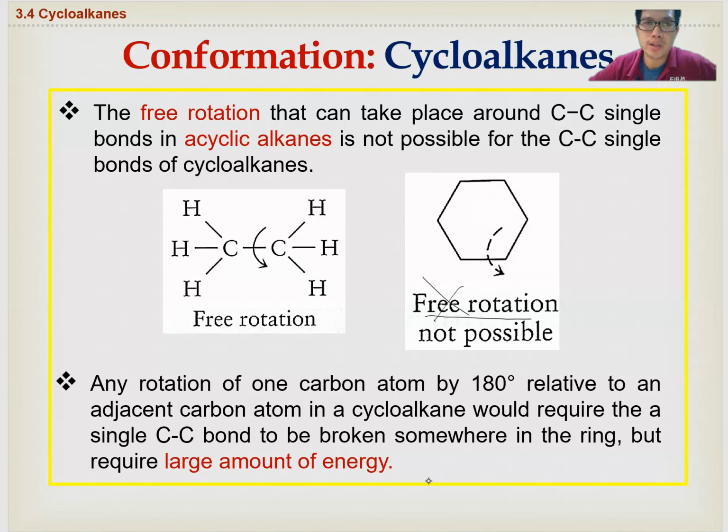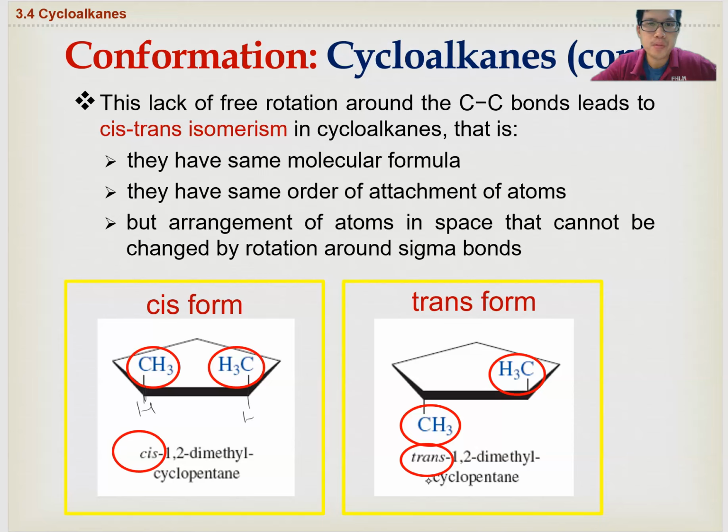So you can see from here, for a cis-trans isomer, here we have carbon, here we have hydrogen.